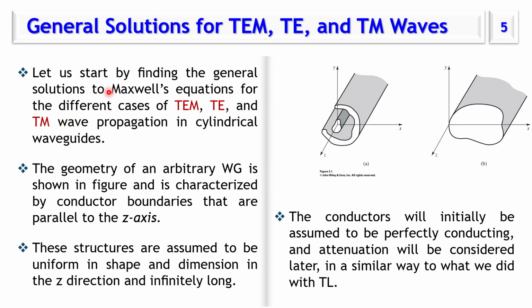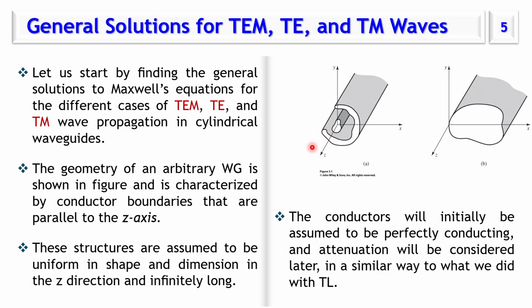The general structure that we're going to use is a cylindrical structure of arbitrary cross section. So the cross section doesn't need to be a regular shape or a circle. It can be any shape.